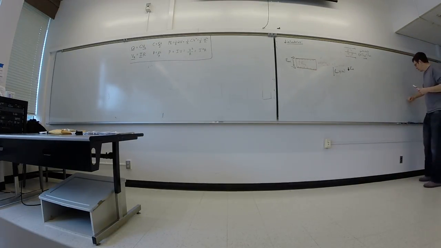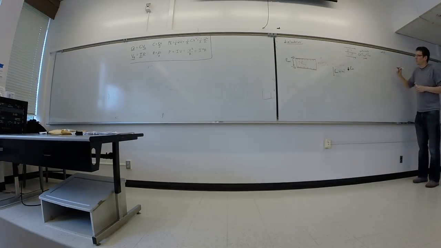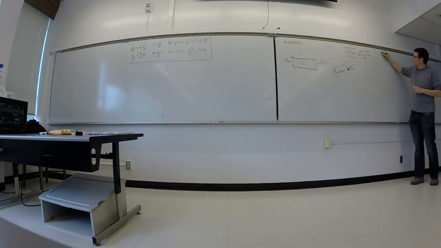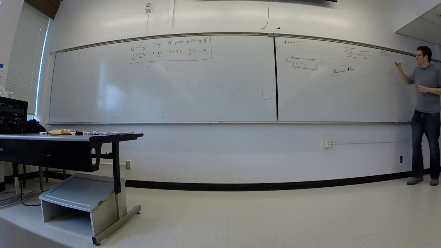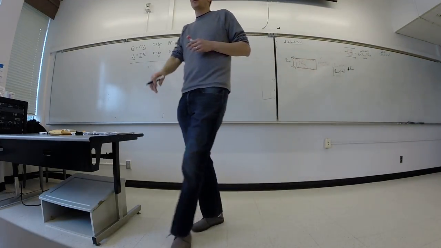So I want to go ahead and make myself a nice chart here. My initial point is going to be a fully charged cap. I know that's an odd initial point because we said that it takes forever to do that.